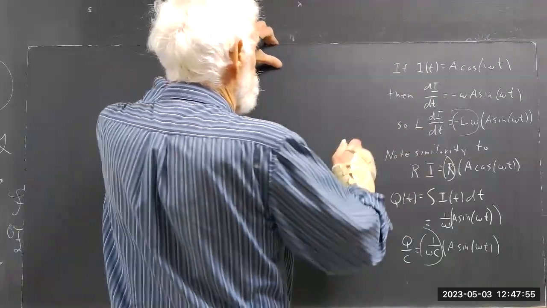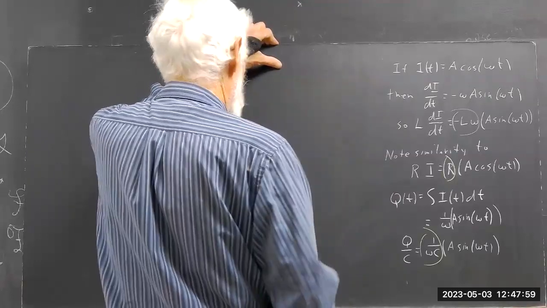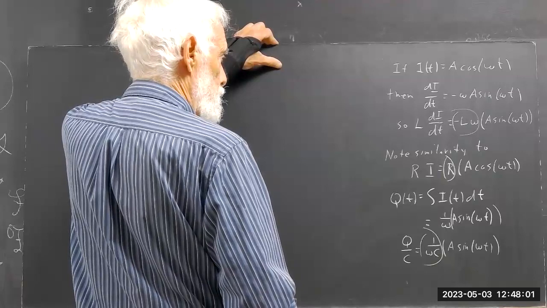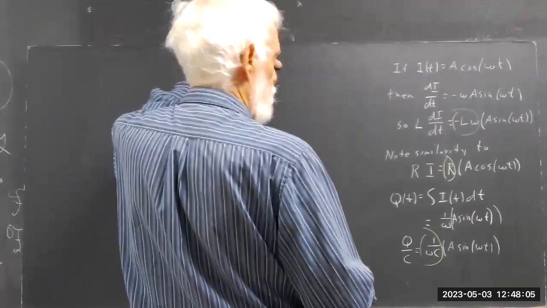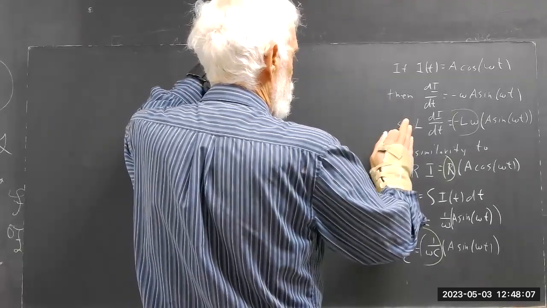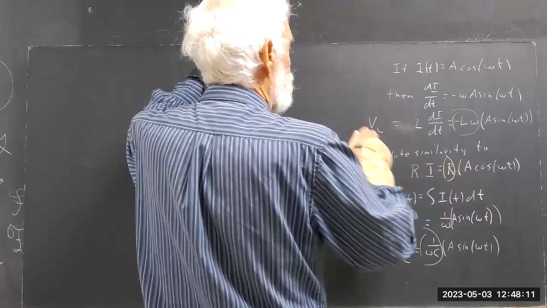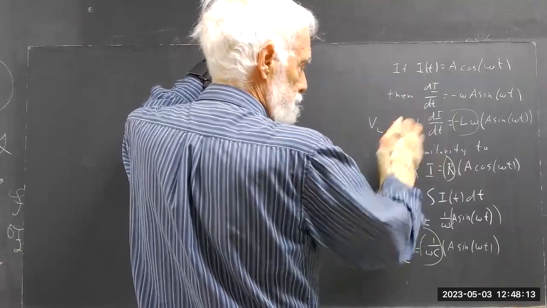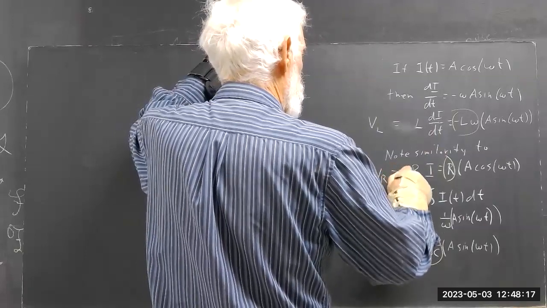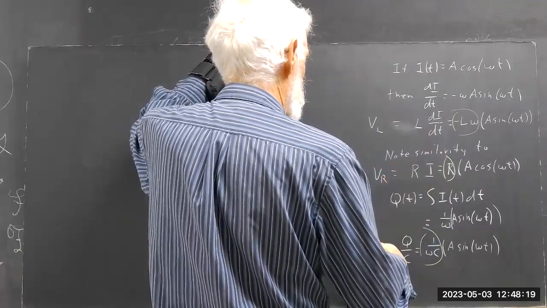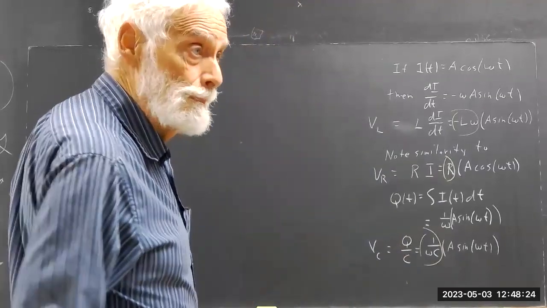So this is our voltage across the inductor. This is our voltage across the resistor. This is our voltage across the capacitor.